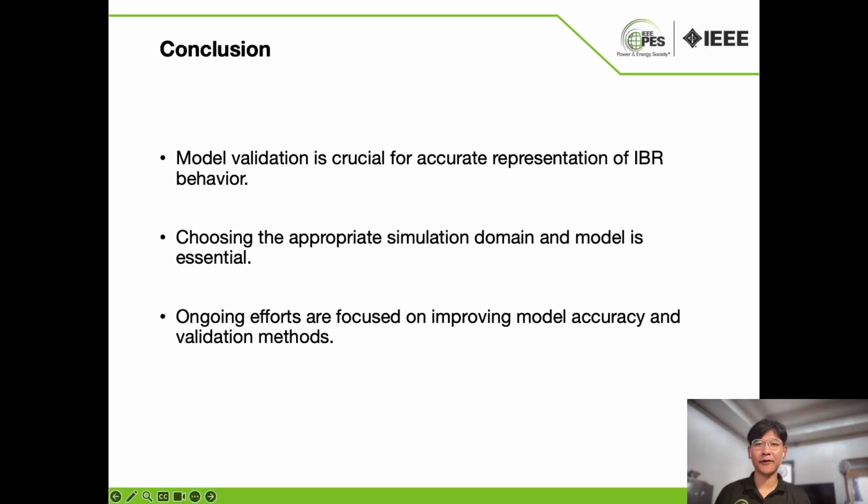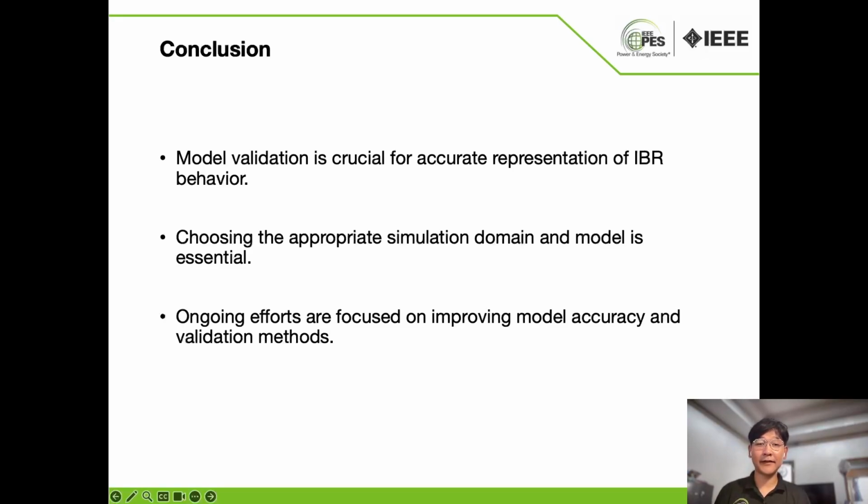Despite challenges like model discrepancies, parameterization complexities, and the need for accurate real-world representations, ongoing efforts from industry, regulators, and researchers are driving continuous improvement. By adopting rigorous validation processes, following evolving industry standards, and investing in research and development, we can enhance the fidelity and reliability of the IBR models.